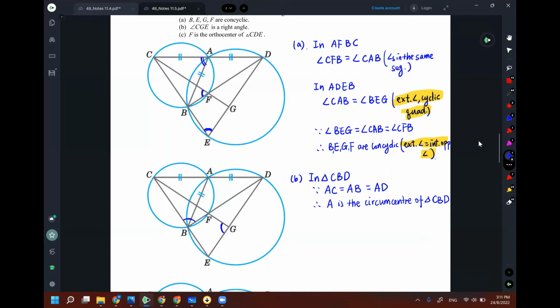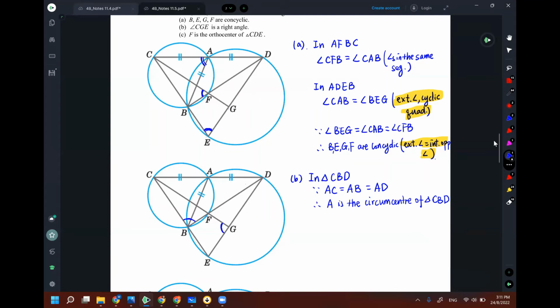That means A is the circumcenter. I know we didn't go the traditional way, proving that the circumcenter is the intersection of the perpendicular bisectors, but I hope you can understand that the circumcenter is also the center of the circumcircle. So if I can find a circle passing through C, B, and D at the same time and centered at A, then I can say A is the circumcenter. I hope that is a valid argument to you.